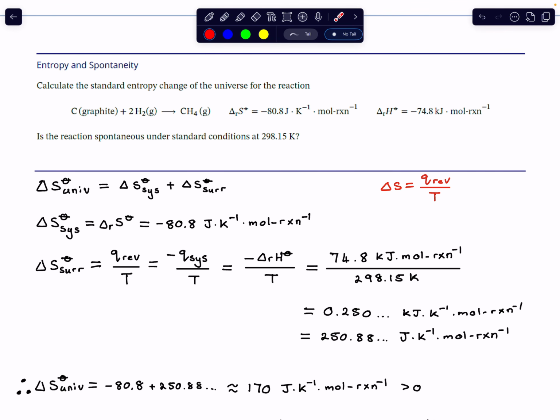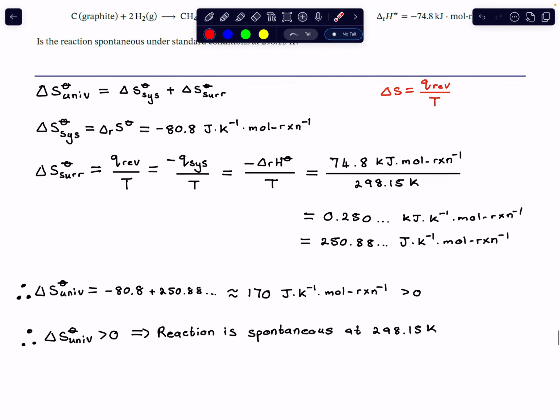Even though this system goes from 2 moles of gas to 1 mole of gas, which is why the entropy change of the reaction is negative, as expected, the overall change for the universe is positive because of this negative enthalpy. And that makes the overall process spontaneous.